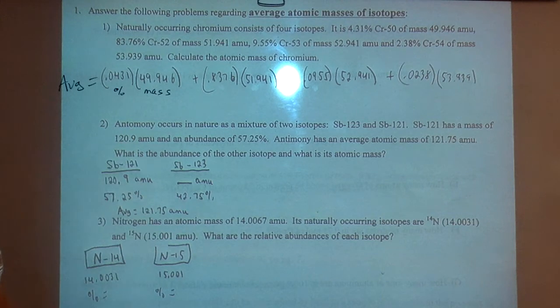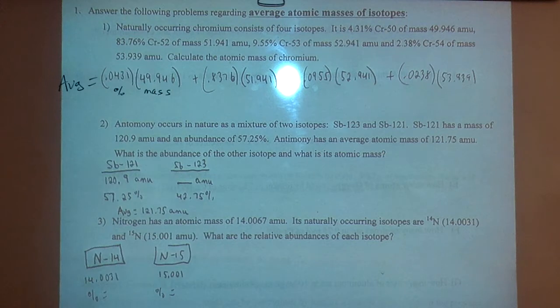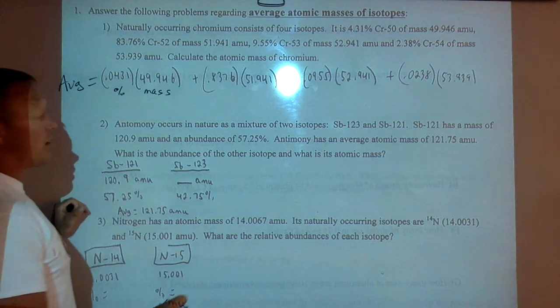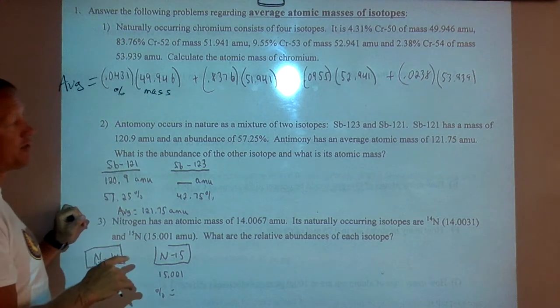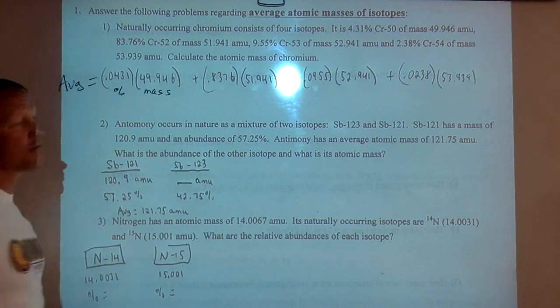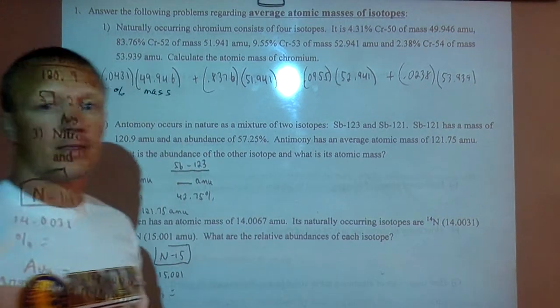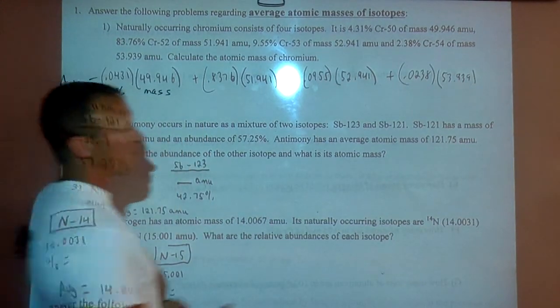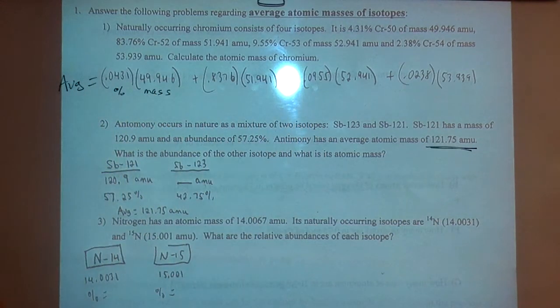Antimony has 2 isotopes, 123 and 121. 121 has a mass of 120.9 AMUs, and 57.25% of all the isotopes of antimony are that one. And then it gives you the average mass of all antimony isotopes.